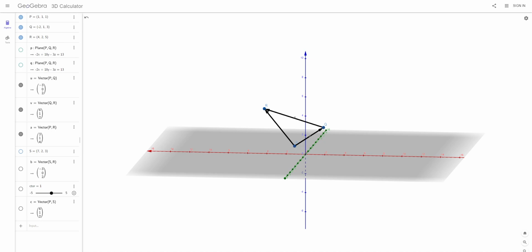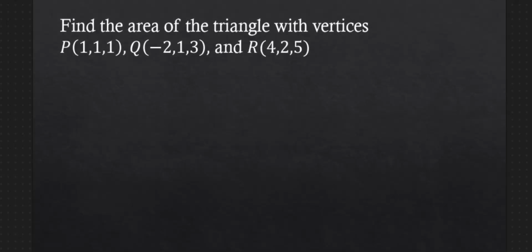So how did I do that? Let me jump back to my other scene and see how I did this. I found PQ, and I think I did this in the last video as well, but maybe you didn't watch that. PQ went down 3, 0, and 2. Then I wanted the point S so that SR was the same as PQ.